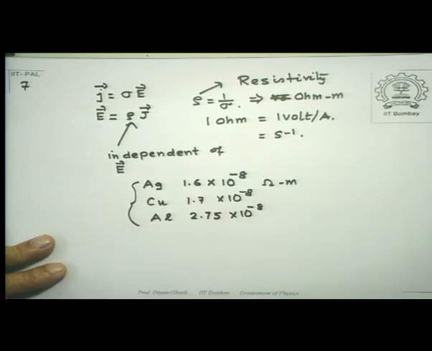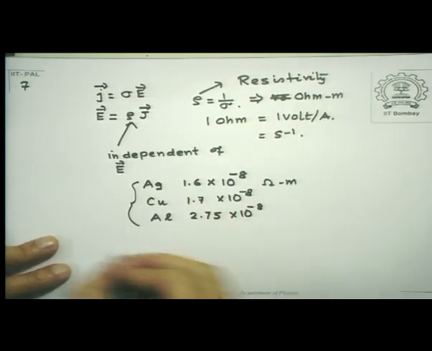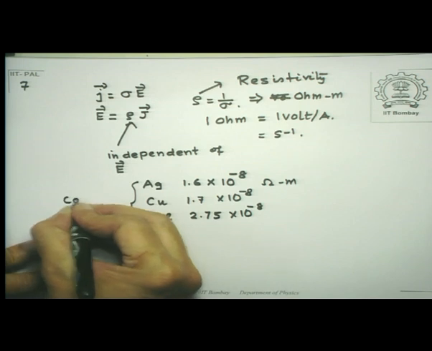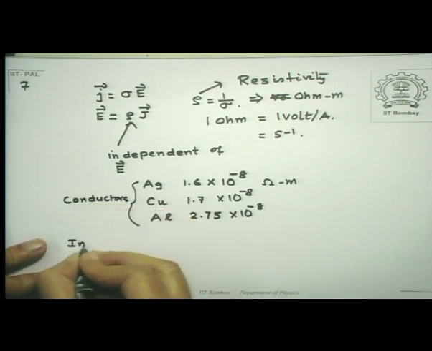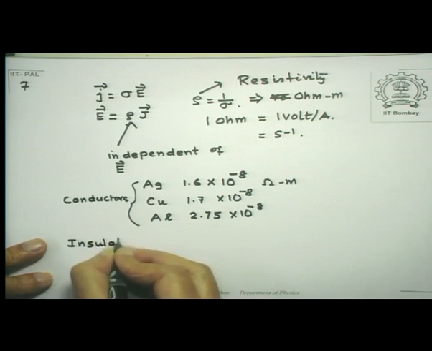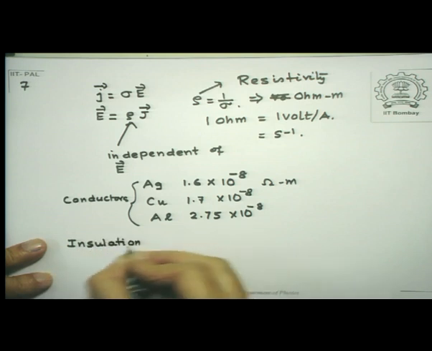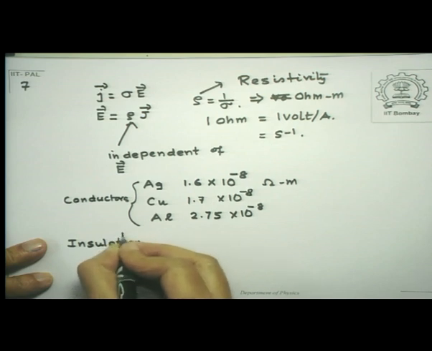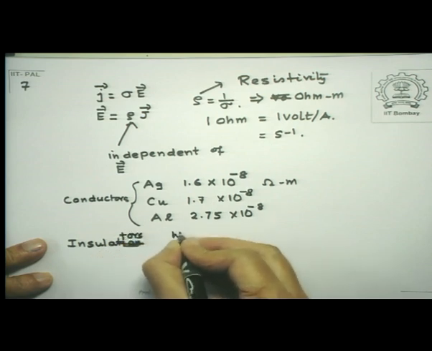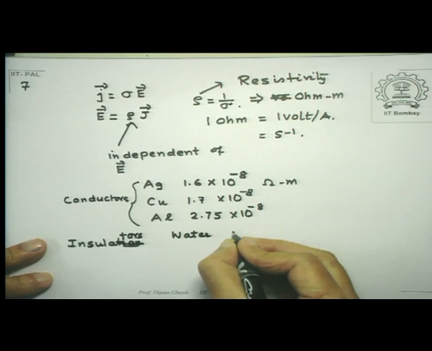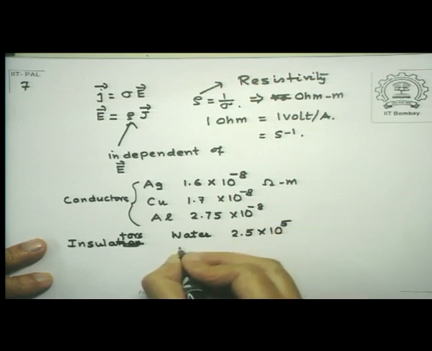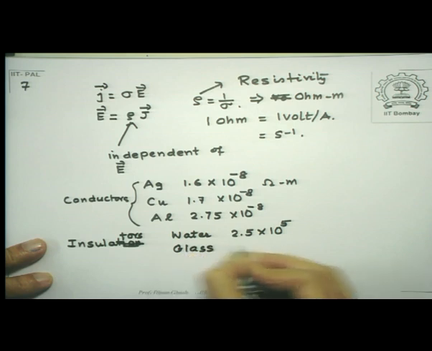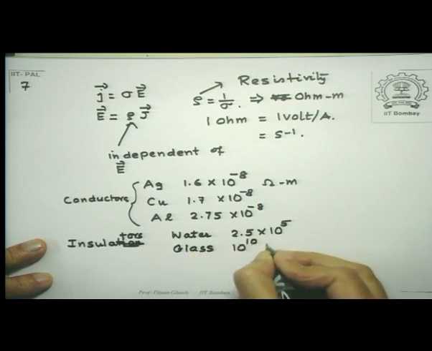On the other end of the spectrum, there are good insulators. Insulators are those which do not readily conduct electricity. Typically, water is 2.5 times 10 to the power 5 ohm meter. Glass can have a value between 10 to the power 10 and 10 to the power 14.